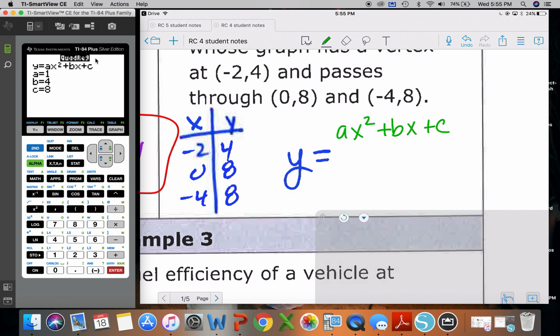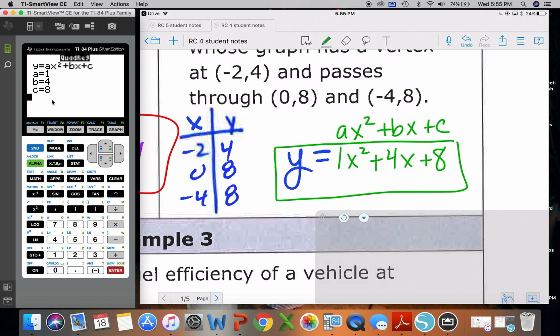So once I plug this in, all I need to do is make my equation look like the top, but replace a, b, and c with the numbers that they actually are. So a is 1, b is 4, and c is 8. And this is my full equation. So that's where those number pieces come from.